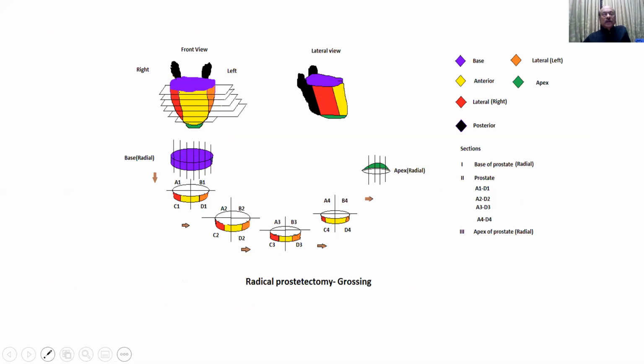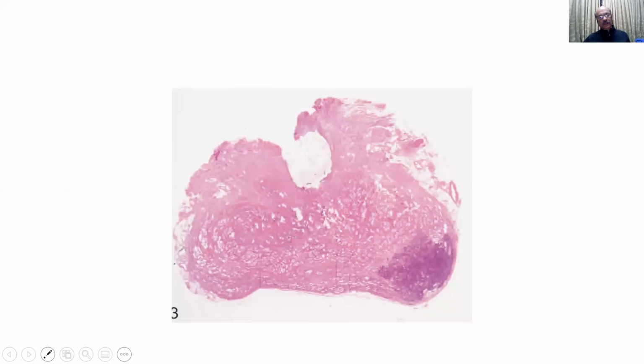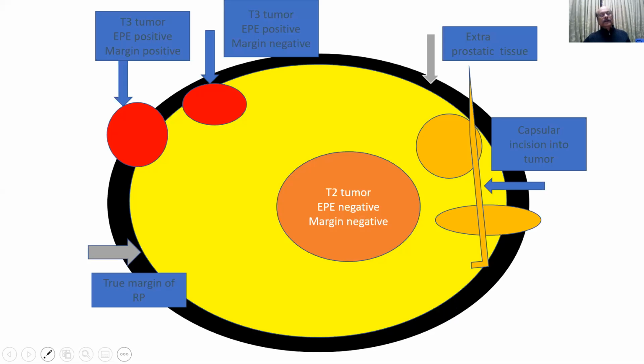Now this is the schematic diagram of grossing of radical prostatectomy. This is the whole mount prostate. And you see, this is a tumor.